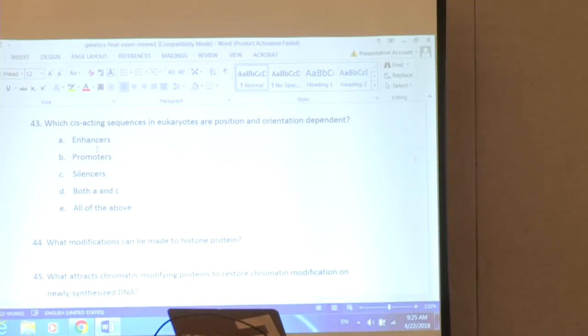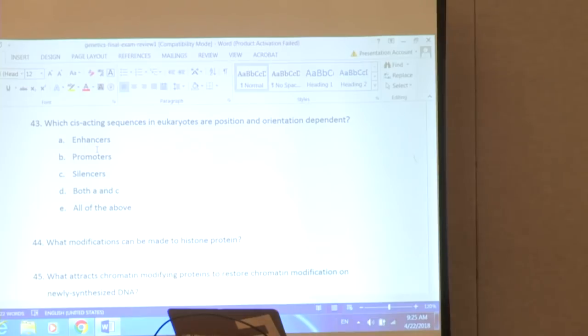So which cis-acting sequences in eukaryotes are position and orientation dependent? Is it promoters?